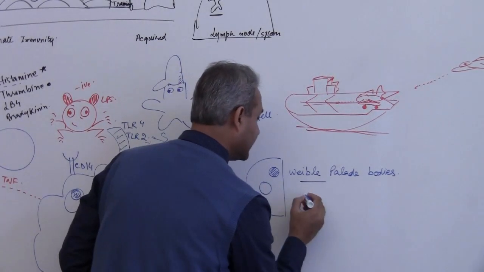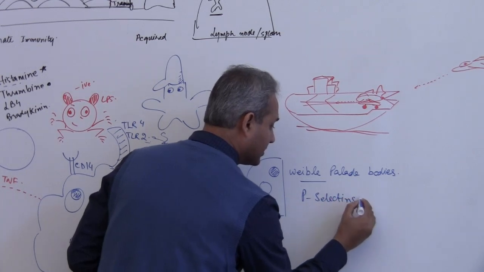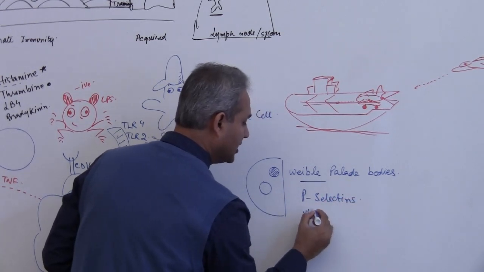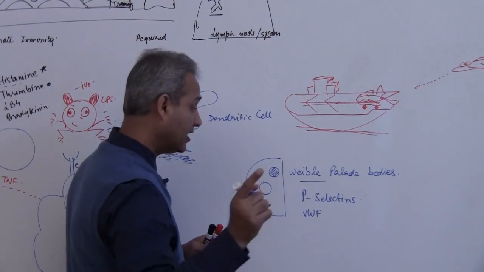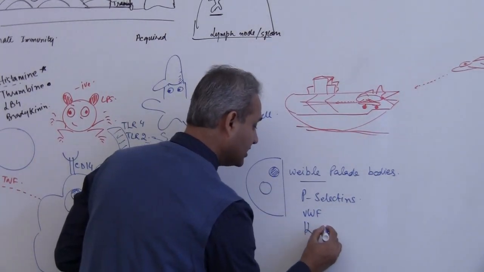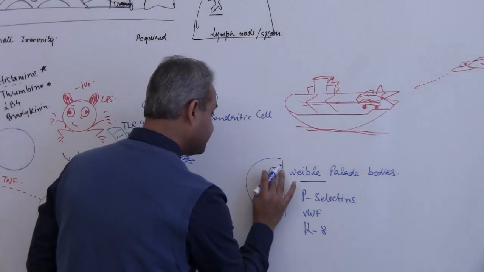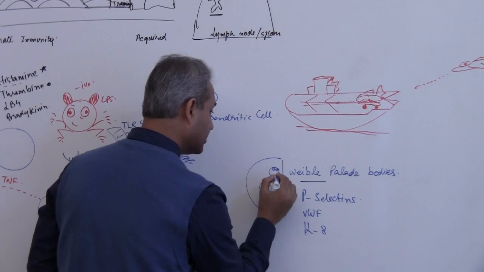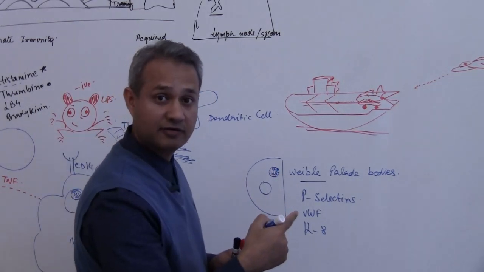What are the chemical factors which are very important? They, number one, contain P-selectins. The other things which are not relevant here but are important: von Willebrand factor is there. Another thing which is very important here as well is interleukin 8. So von Willebrand factor, remember clotting; interleukin 8, remember interleukin 8 is a chemotactic factor.